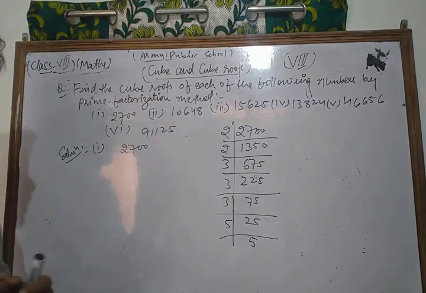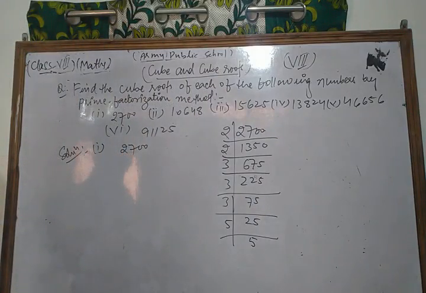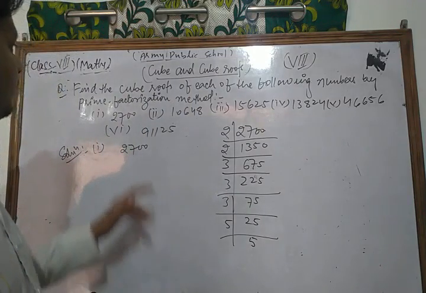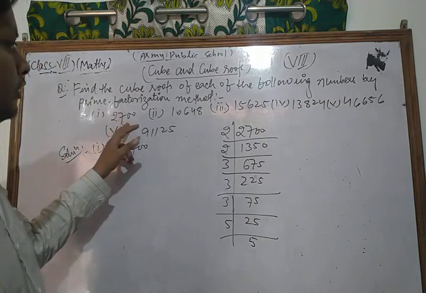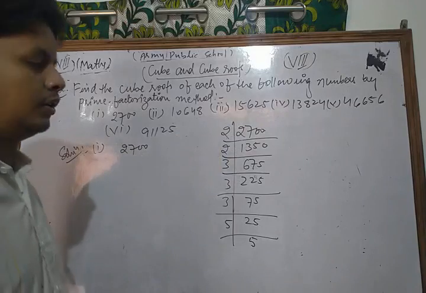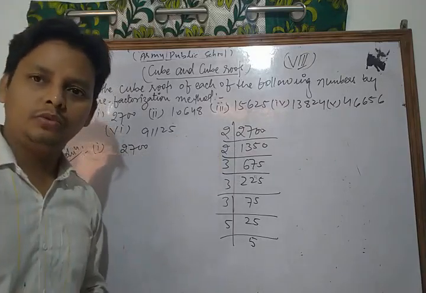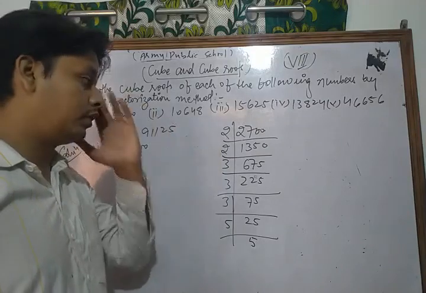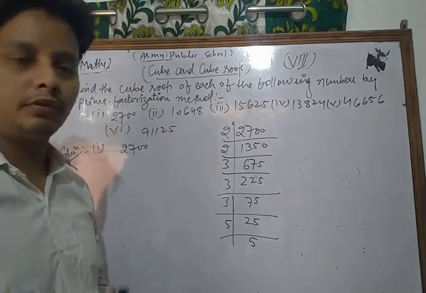Now let's see, we find the cube root. For finding the cube root, we group all the factors in triplets of equal factors.